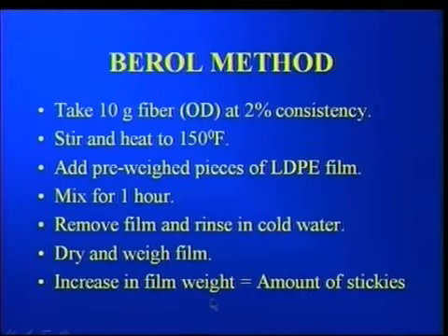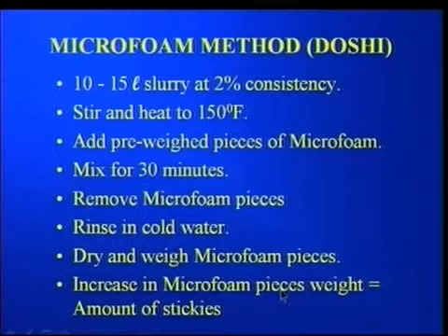The increase in weight is now much less compared to before without the chemical. That means this chemical is effective in reducing the amount of deposits on the paper machine. The microfoam method follows essentially the same steps, except now you add microfoam, which is the polypropylene packing material.